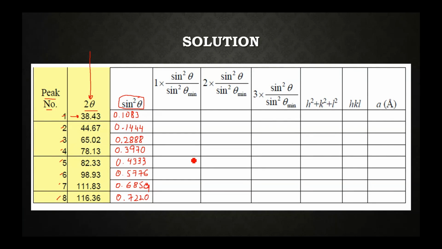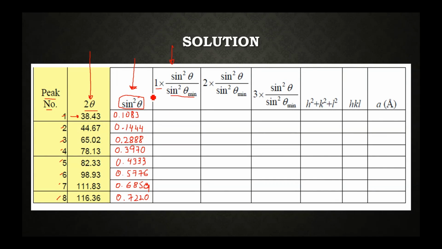Now, once you have found the values for sine square theta, in the column which says 1 multiplied by sine square theta over sine square theta minimum, you have to look into the first column and find the minimum sine square theta value. What is the minimum sine square theta value? 0.1083.